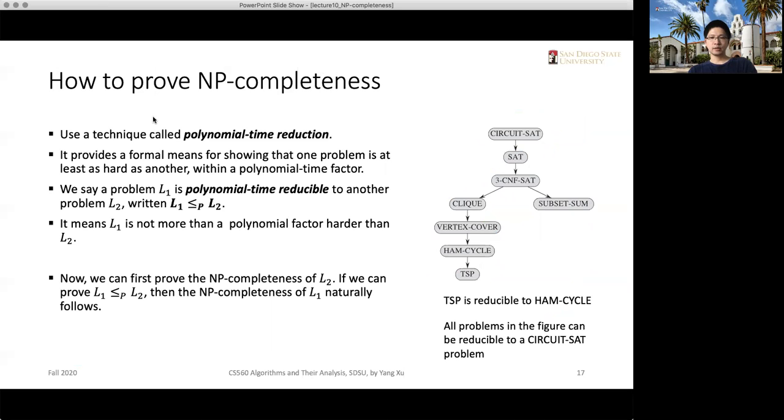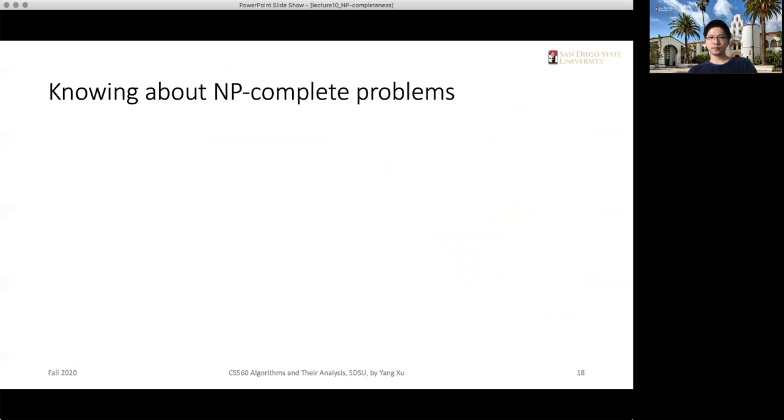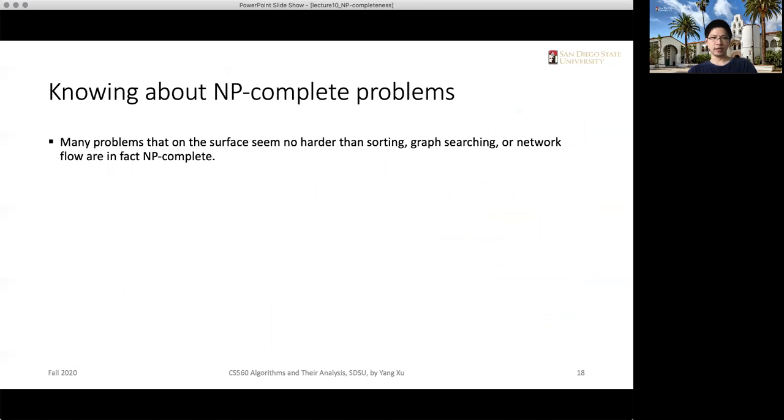All right. Lastly, let's look at this summary page. The key point of introducing NP-completeness is that many problems may seem easy, or no harder than sorting, graph searching algorithms or network algorithms, but they are actually NP-complete.